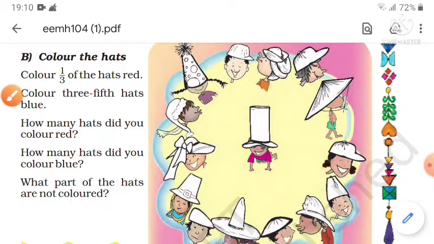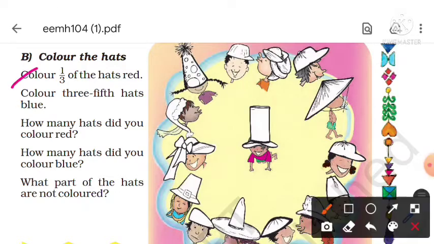At first we have to find out the number of hats to be colored red. As mentioned here, color 1/3 of the hats red. So first we have to count the number of hats. If you count here, 1 2 3 4 5 6 7 8 9 10 11 12 13 14 and 15. So there are 15 hats.